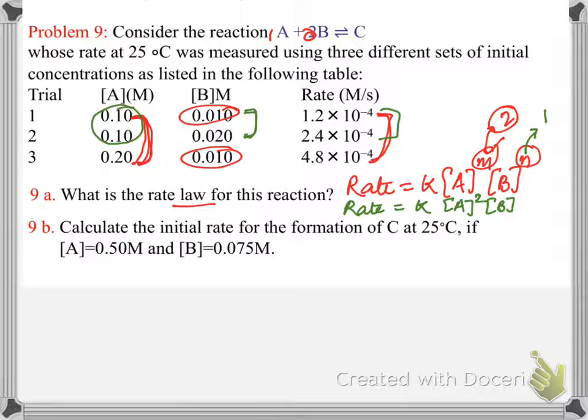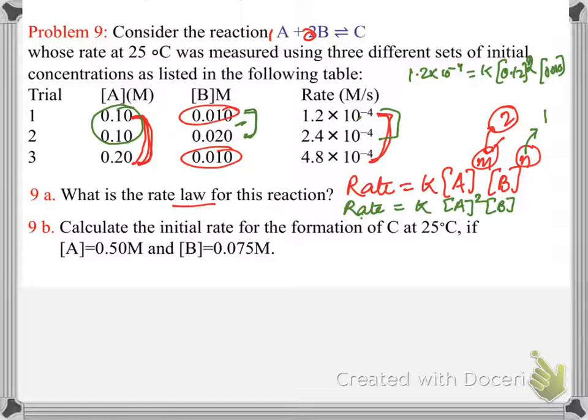Now I can pick any one experiment. Let's say if I pick the first experiment, I can plug the rate value, which is 1.2 times 10 to the negative 4th, equals K times concentration of A, 0.12 raised to the power 2, times concentration of B, 0.010 raised to the power 1.